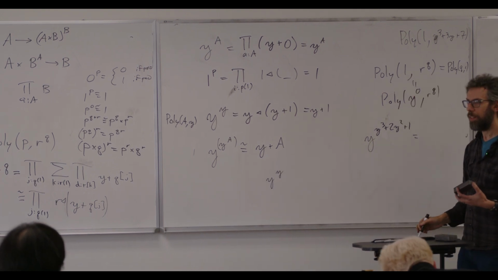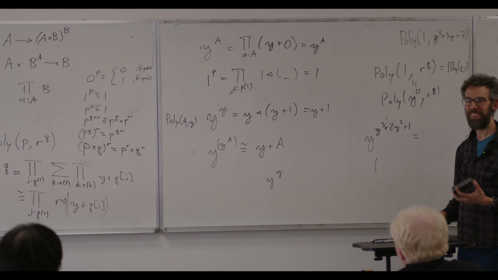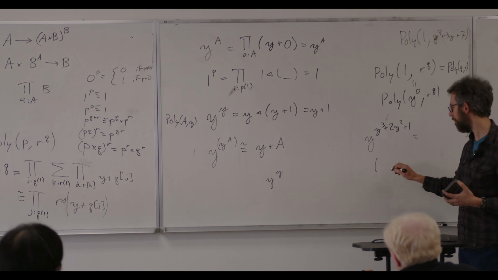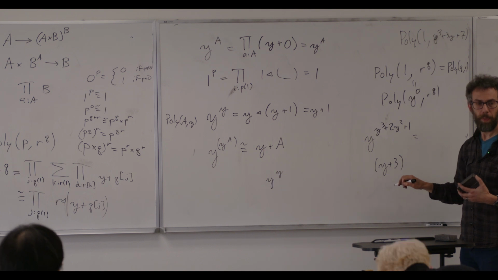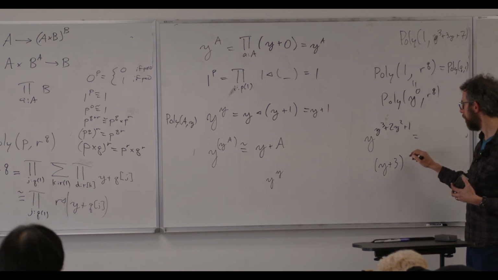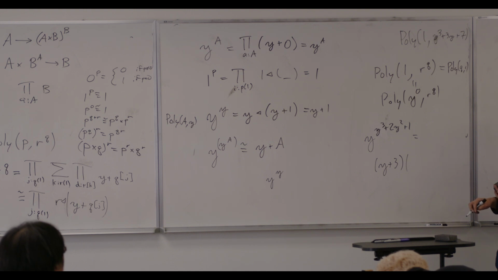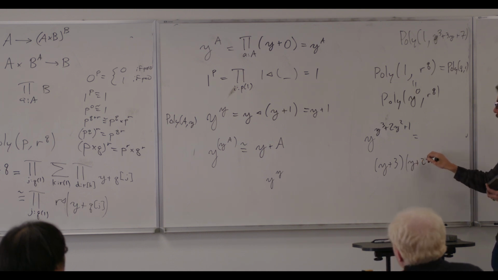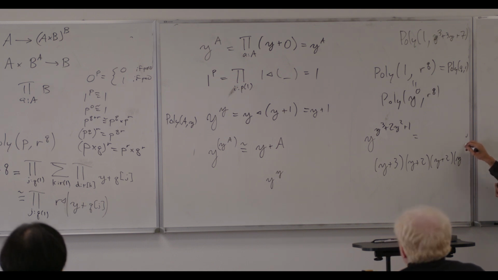And you multiply them all together. So it's y plus 3 times y plus 2 times y plus 2 times y.